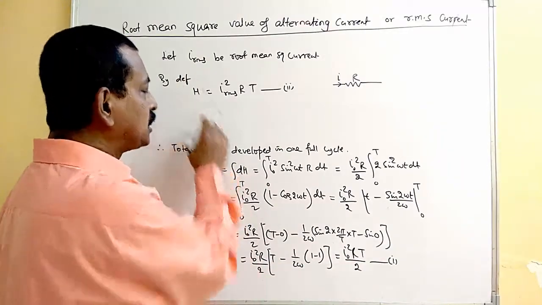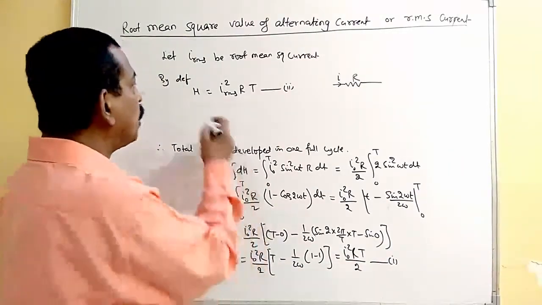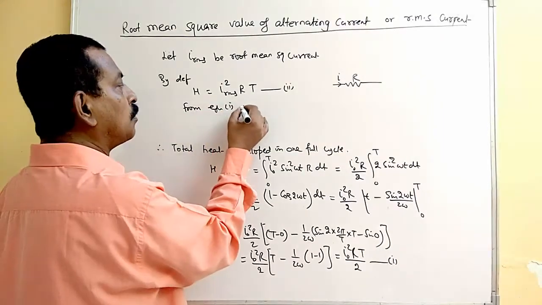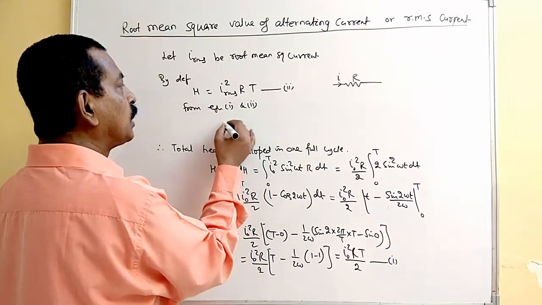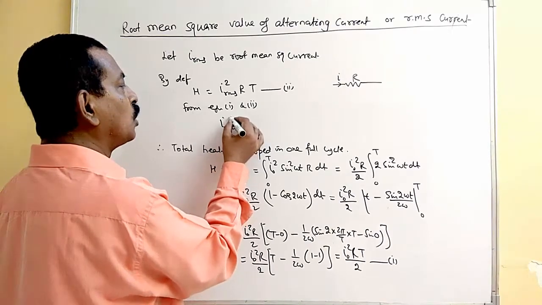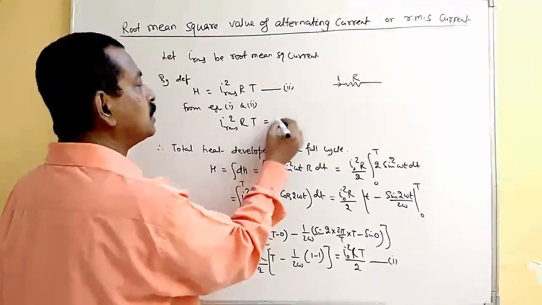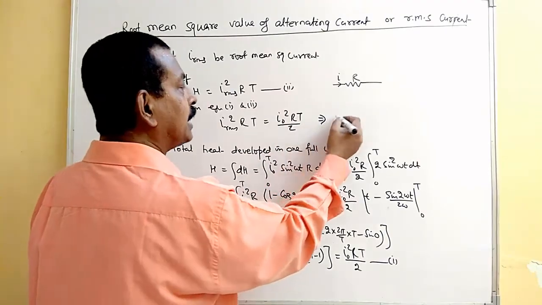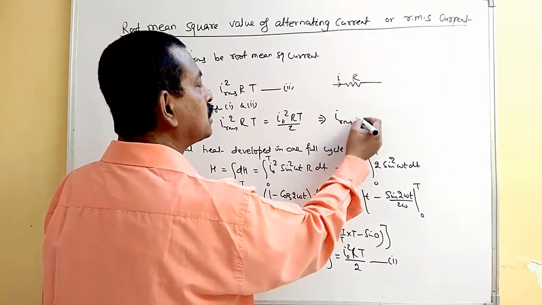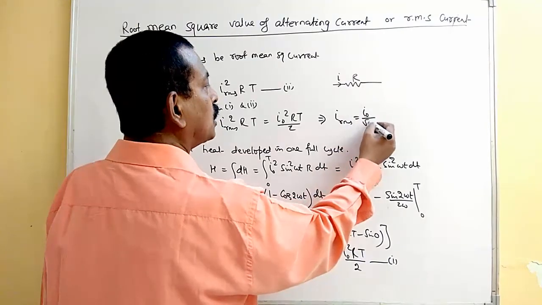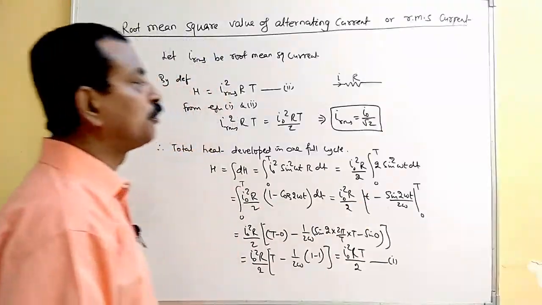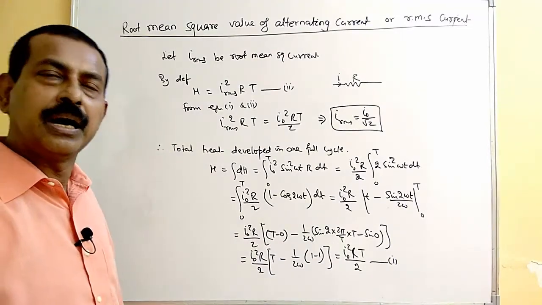So it is the same heat. Now from equations 1 and 2, if you compare, what will we get? I RMS whole square RT is I naught square RT by 2, and that gives I RMS equals I naught by root 2. So this is the expression for the root mean square value of alternating current.